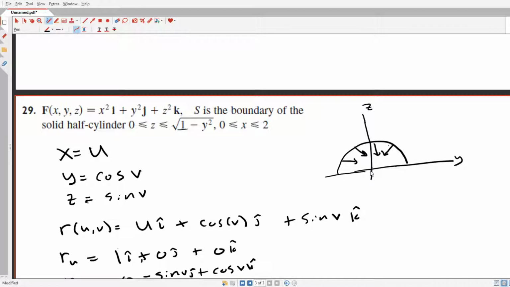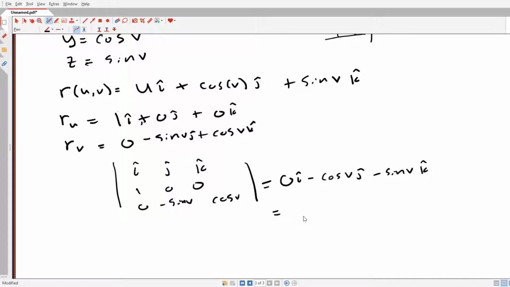If I had picked them the other way around, it would have been fine. But I need to make sure that these are going in the outwards direction. So I'm going to do the negative of this vector: 0, cosine v, sine v. I did the negative so that I have the outward normal, not the inward normal.